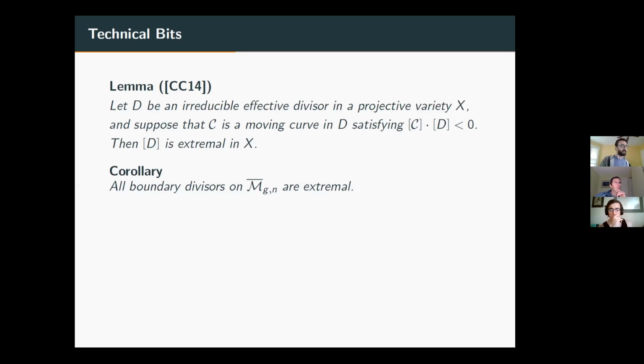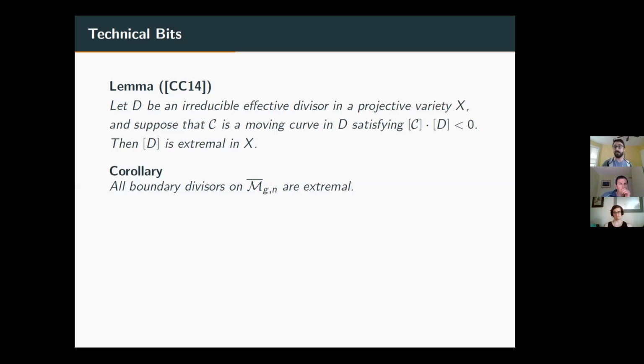And it turns out that intersection is very easy to compute. And that works for getting a lot of the boundary divisors. And you can do other more clever things in other situations, but this works for that. It's really nice. It's a good exercise in intersection on moduli of curves.